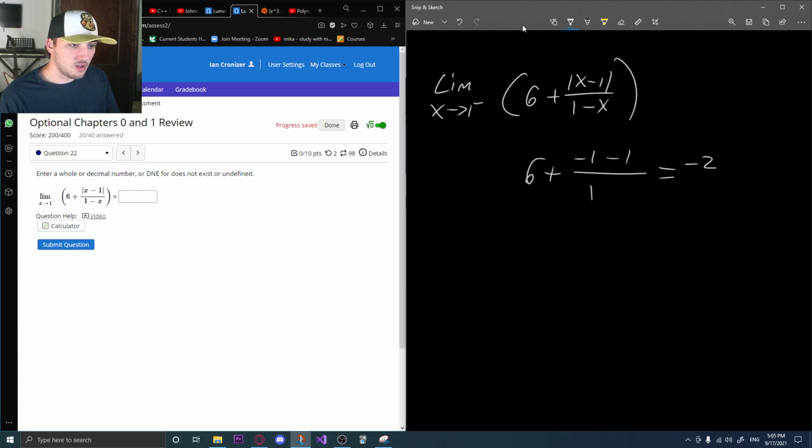It's going to be a 1 minus 1, which is going to be 0. So we have 6 plus 2 over 0. I don't think 2 over 0 really actually is a thing. Let's try it in the calculator. 6 plus 2 over 0. And again, divide by 0, error. There's an error.